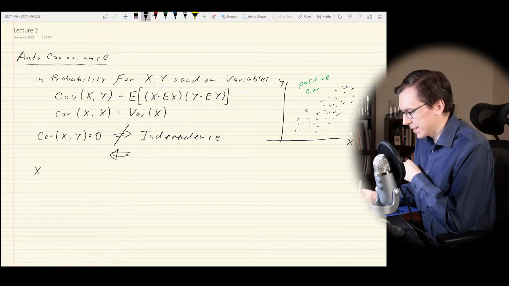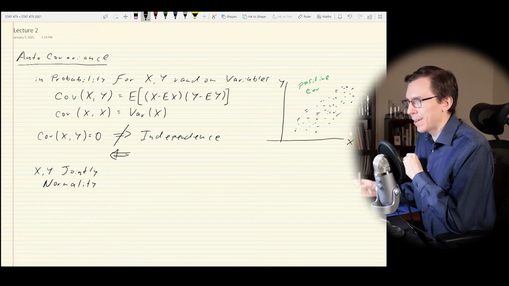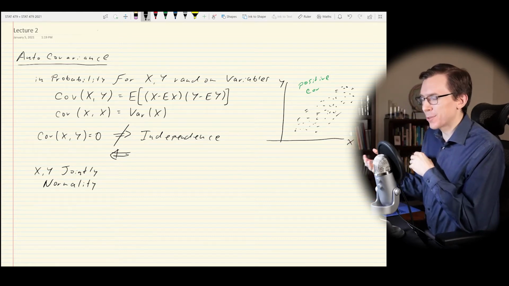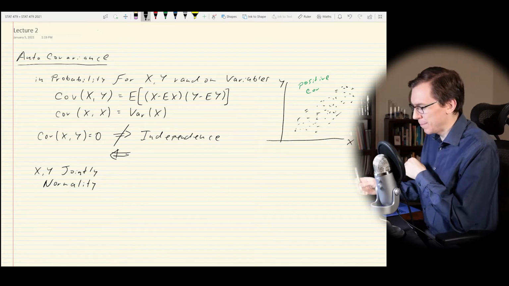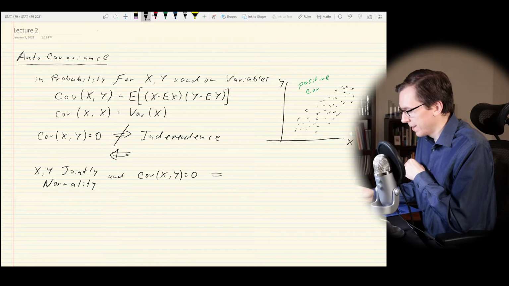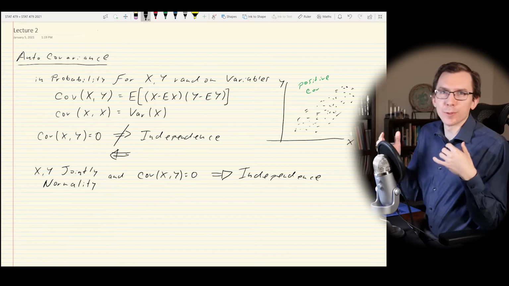So x, y jointly normal. The joint normality is important here, because you could have two normal random variables that have some weird relation between the two of them. But if we have x and y being jointly normal, and the covariance between x and y equaling 0, then we have independence. So very good rules to be aware of.